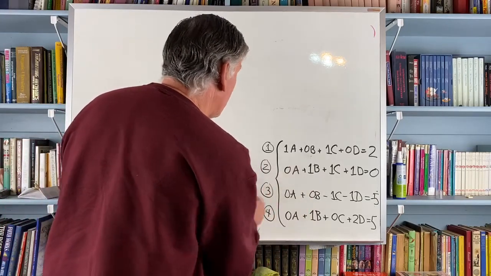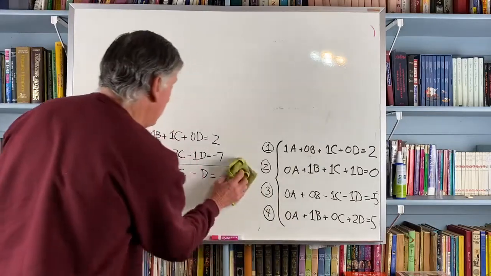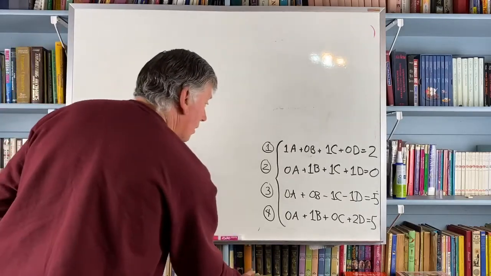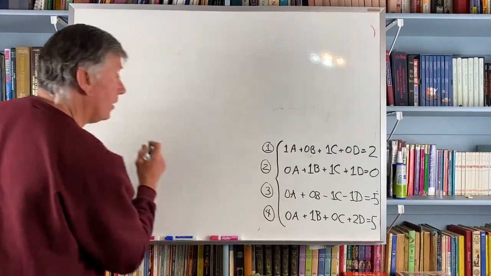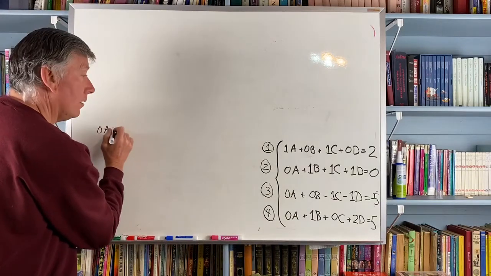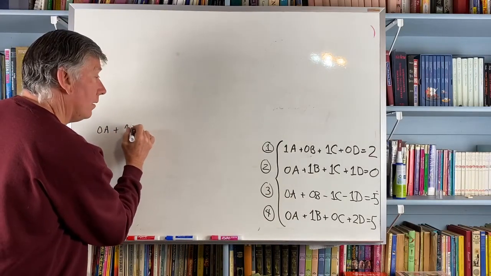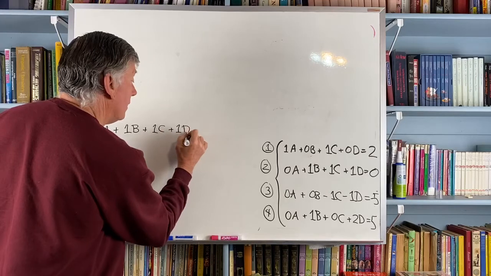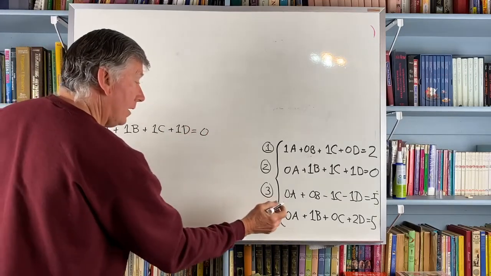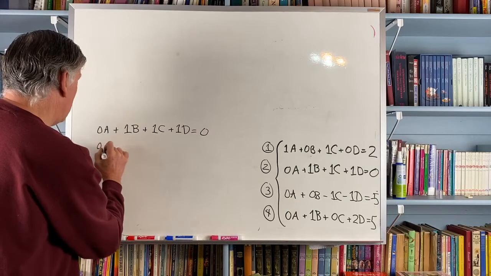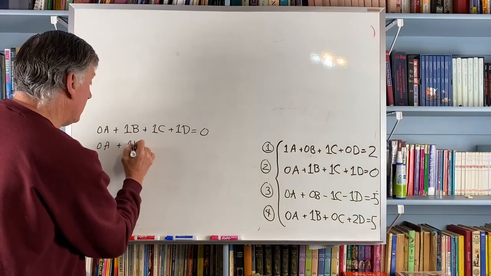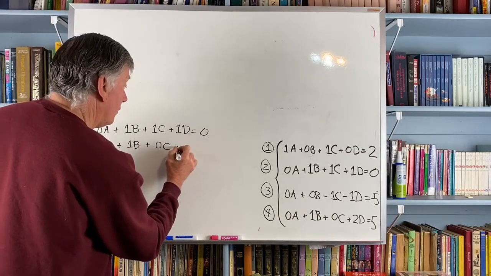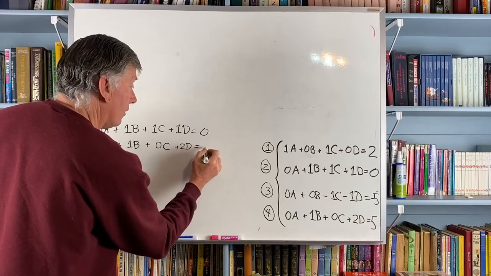If I combine these two, 2 and 4, I'm going to have 0a plus 1b plus 1c plus 1d equals 0, and 0a plus 1b, I'm looking at 4 now, plus 0c plus 2d equals 5.